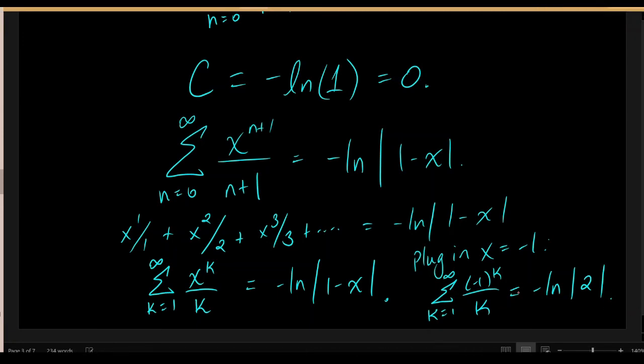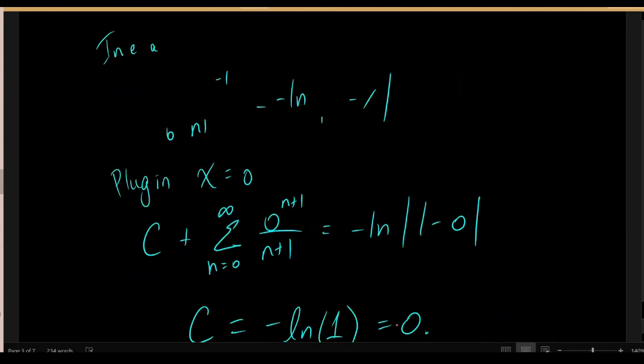With that, we have calculated the value of this series. That is a specific case of the general formula that the sum as k goes from 1 to infinity, x to the k over k, is equal to the negative natural log of 1 minus x. This same formula could be used to find the value of all kinds of different series as long as they fit into this general format.